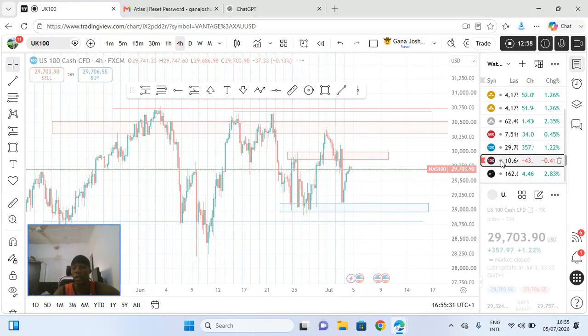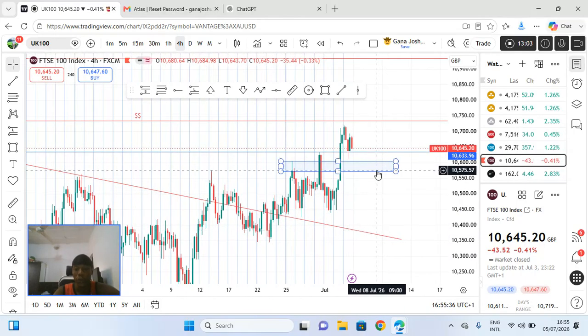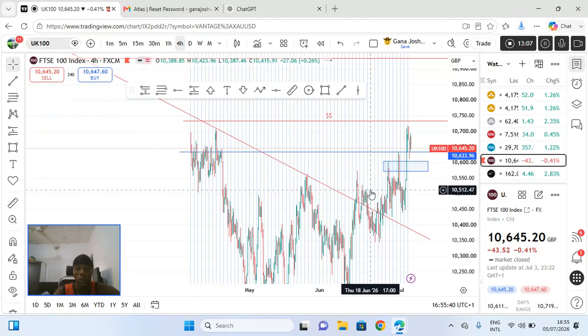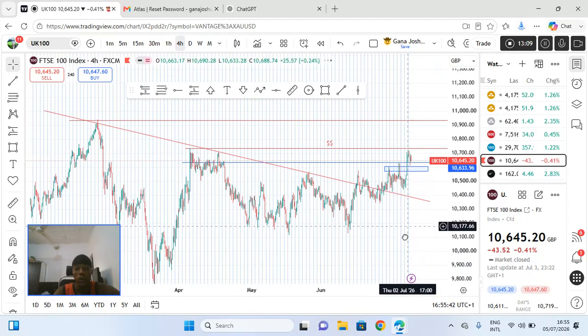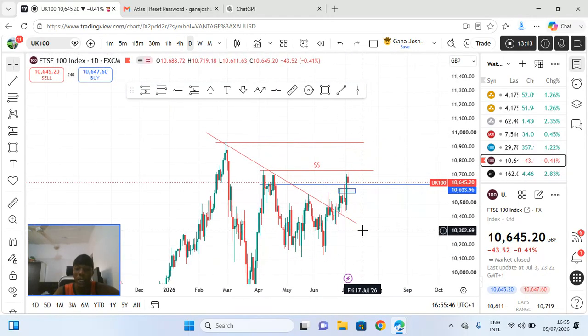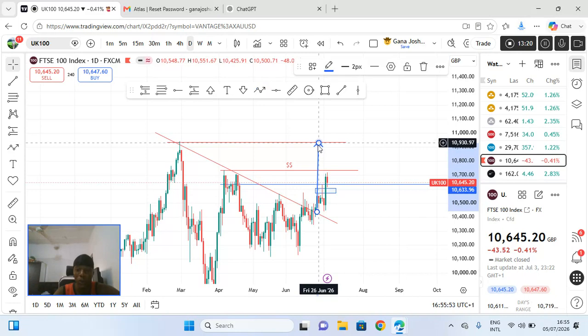On the UK 100, it was supposed to sell from this zone, but then it recovered and made another new high. So overall, from the 4 hour, if we come to the daily, it broke this trend line, and the normal thing is once price breaks any trend line, I'm looking for price to reach where it started.